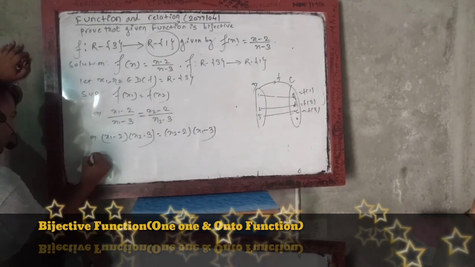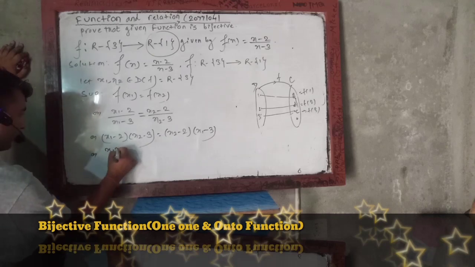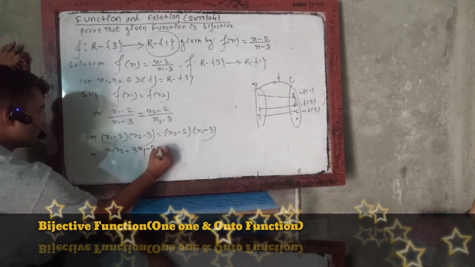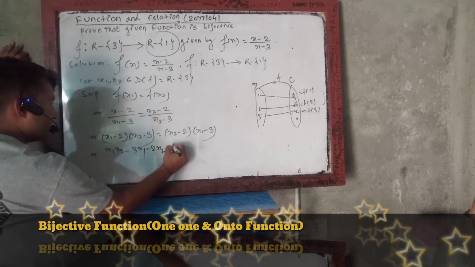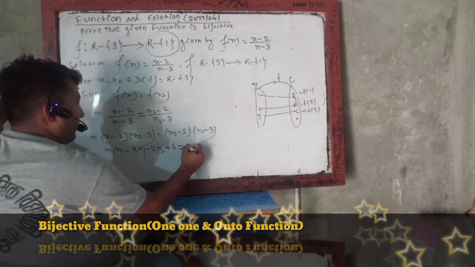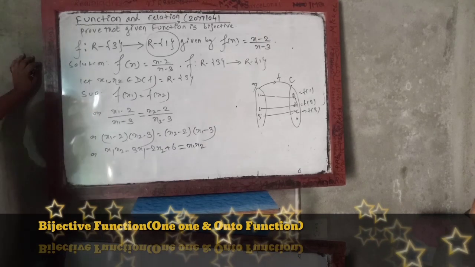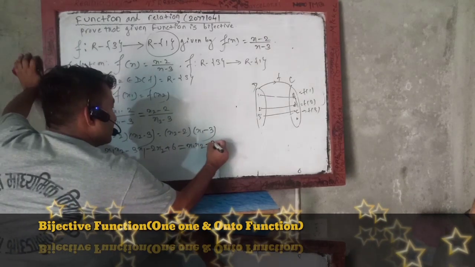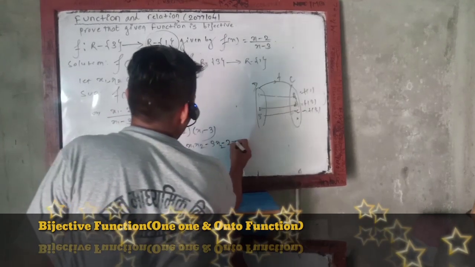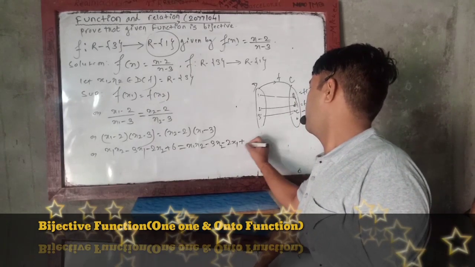Now multiply this: x1x2 minus 3x1 minus 2x2 plus 6 equals, on the right, x2x1, that means x1x2, is it right? Be careful. x1x2 minus 3x2 minus 2x1, and negative 2 and negative 3 gives positive 6.